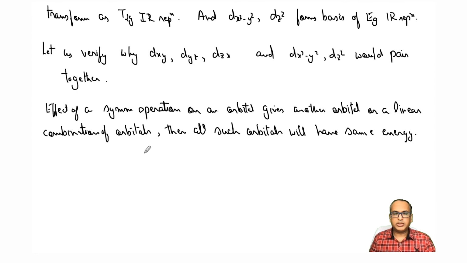And this comes out of the fact that the Hamiltonian commutes with the symmetry operation, right? So this basically tells you that if you first do a symmetry operation and then measure energy, or first measure energy and then do the symmetry operation, the result should be equal. That would mean that the effect of the symmetry operation does not change the energy of that particular orbital. Let us look at that example.